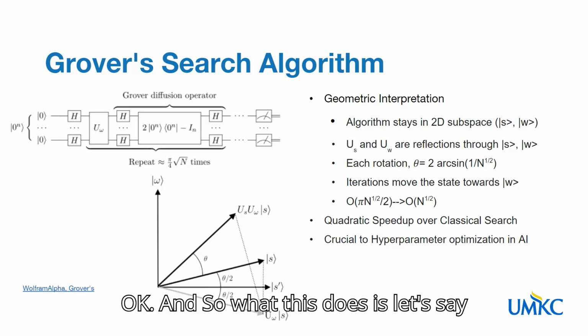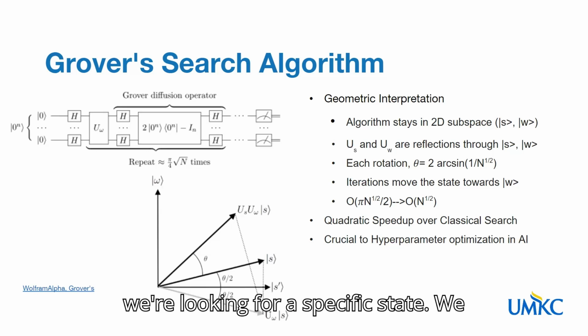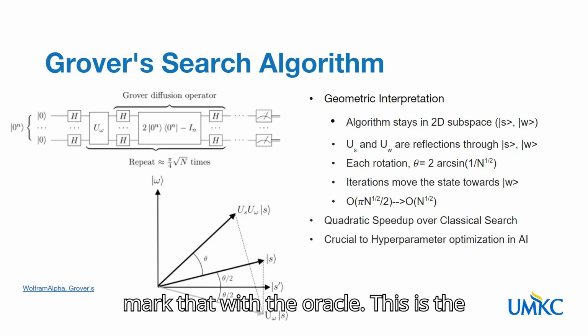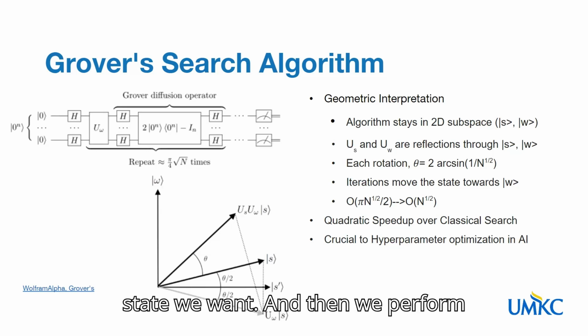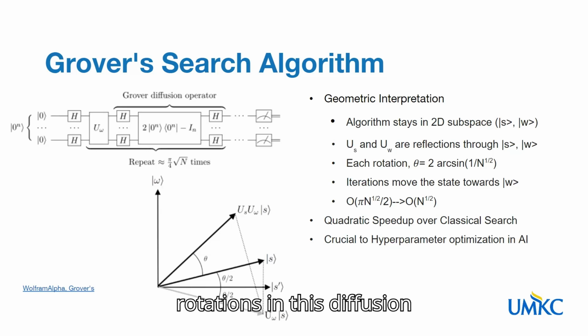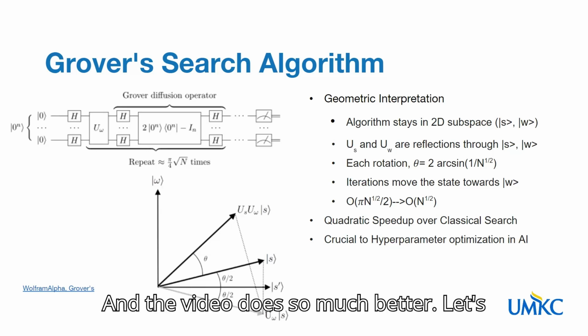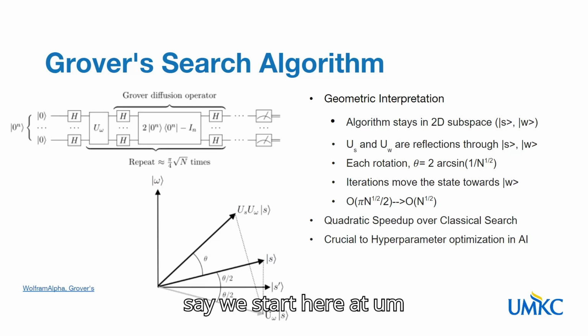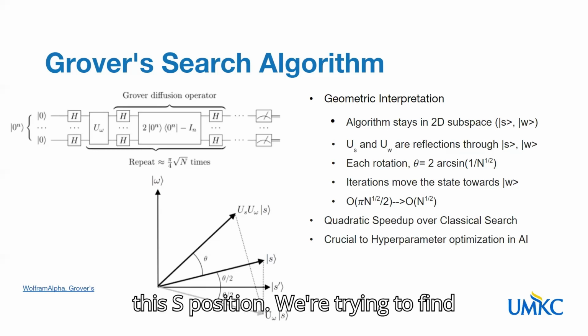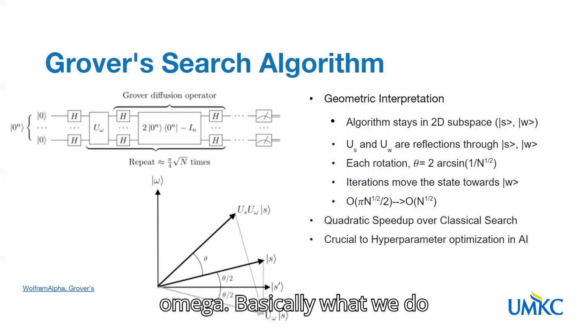So what this does is, let's say we're looking for a specific state. We mark that with the oracle. This is the state we want. And then we perform rotations in this diffusion operator where we find the specific instance that we want. The video does this so much better, but let's say we start here at this S position, and we're trying to find omega.